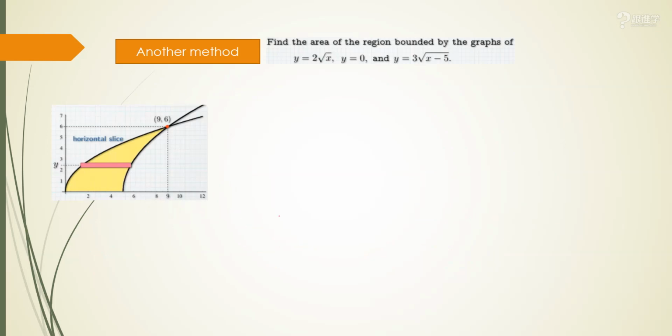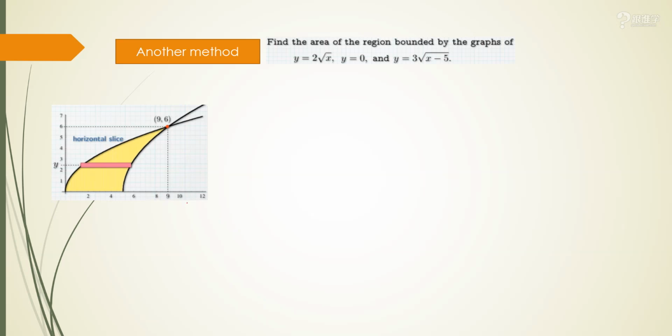Okay, we have introduced the concept of the Riemann sum by dividing the region into vertical pieces, vertical rectangles. But it's not required that the rectangles have to be vertical. They can also be horizontal.